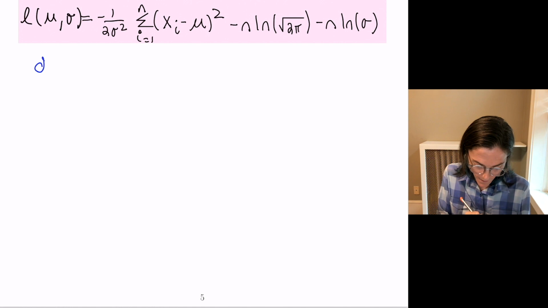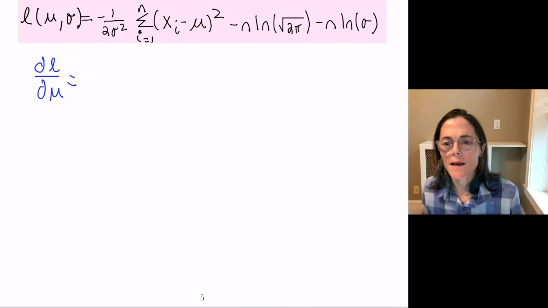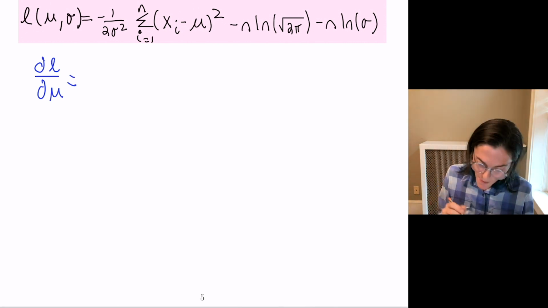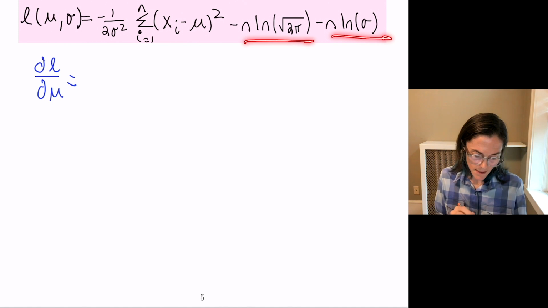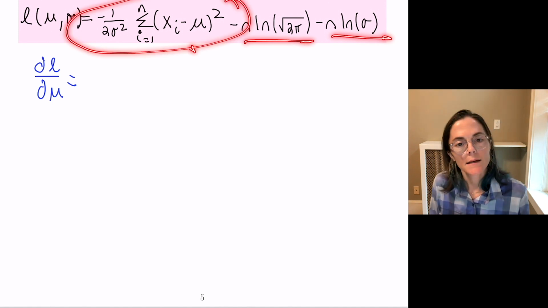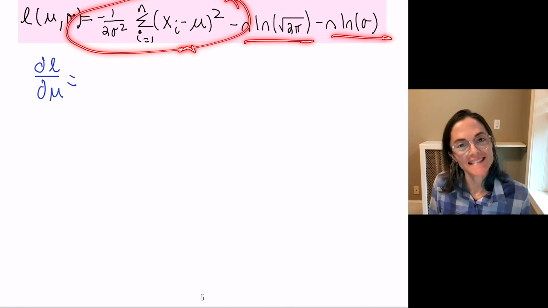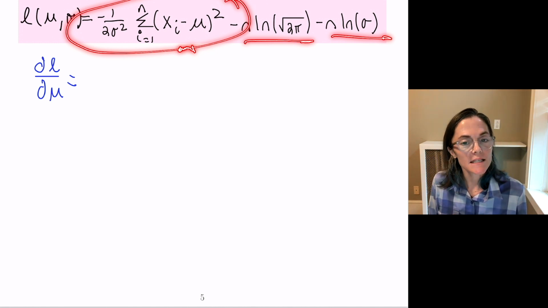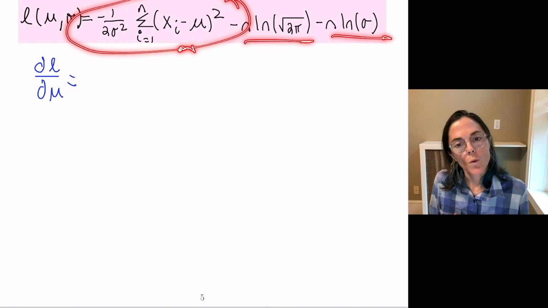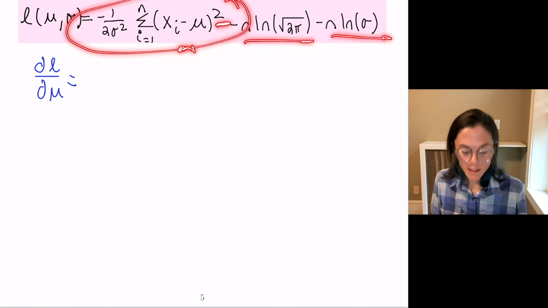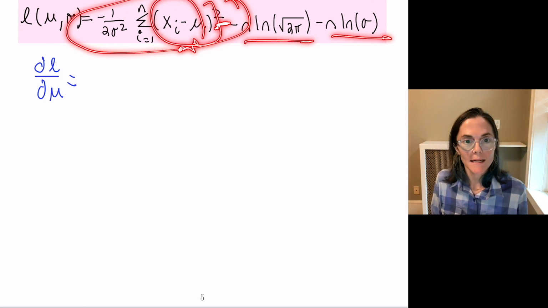Partial derivative of L with respect to mu. Well, where's my only place I see a mu? So with respect to mu, the other terms are constant, and I just have this here. Now you notice I can differentiate term by term. So this is a sum, i equals 1 to n. If I differentiate term by term, I just bring down this power, which is 2, and then times the derivative of the inside function, which is minus 1.